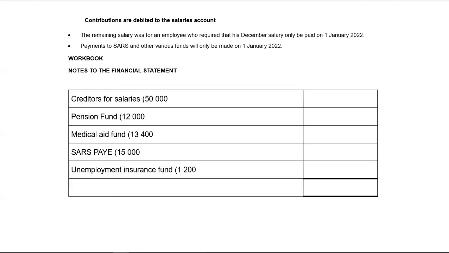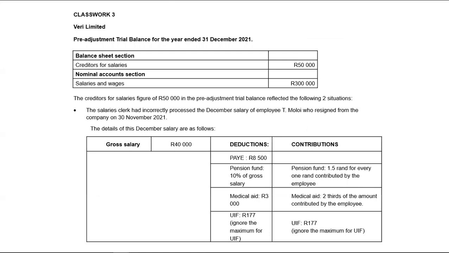For creditors, we are going to subtract the net salary of this employee, which was, when you take 40,000, I'm simply minusing all my deductions. You minus 8,500, and then you minus 40,000 times 10%, and then you minus 3,000, then you subtract 177.